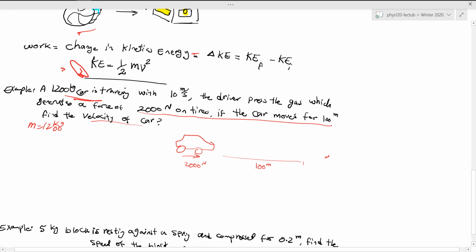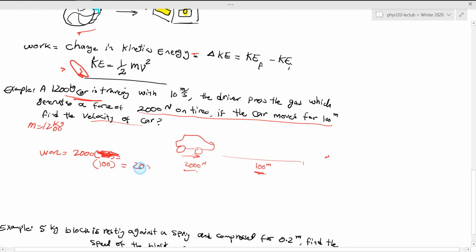Now, how do we do the calculation? The work will be 2000 times 100, because the car traveled a distance of 100 meters.